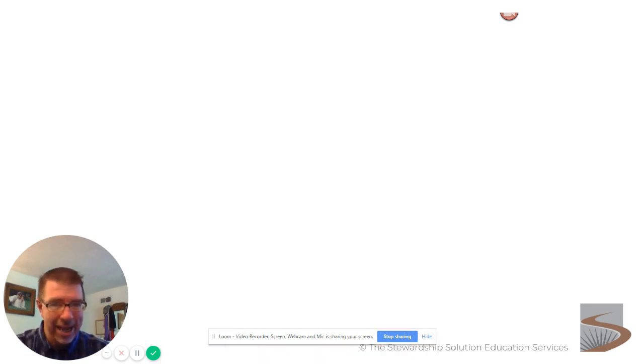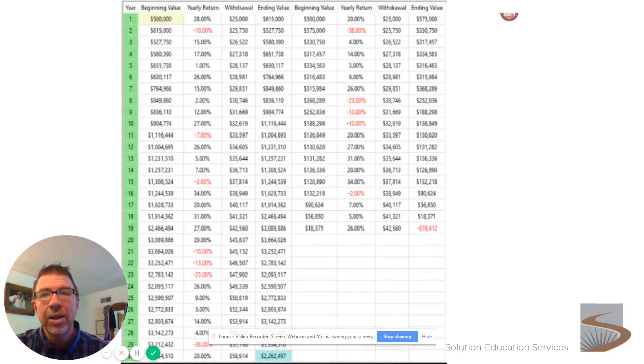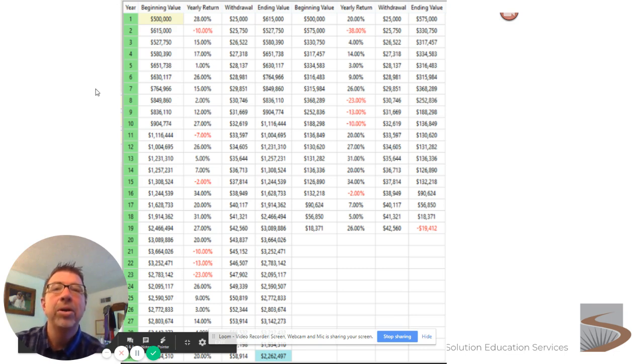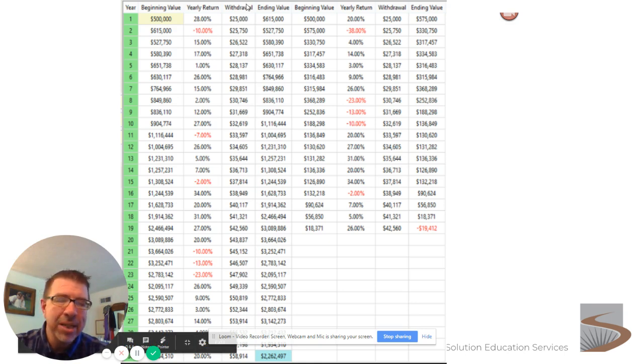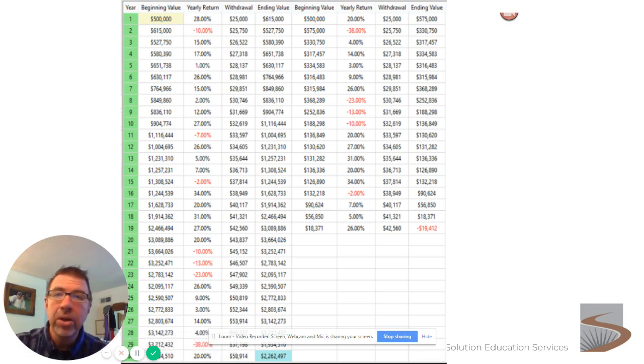But let's look at the alternative to this, which is the distribution phase. We're just going to add a withdrawal column to each side. The only difference between what you saw previously and this scenario is we're adding a 5% withdrawal to each year. Let's look at the results.